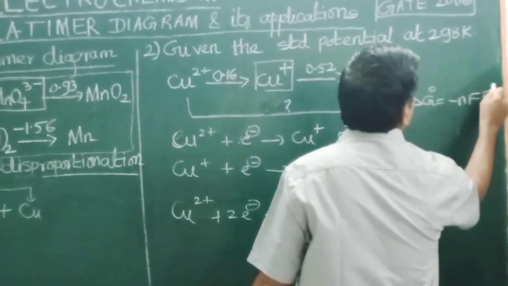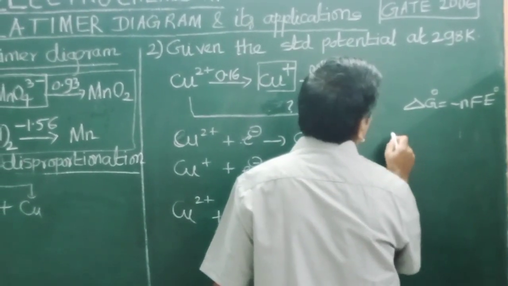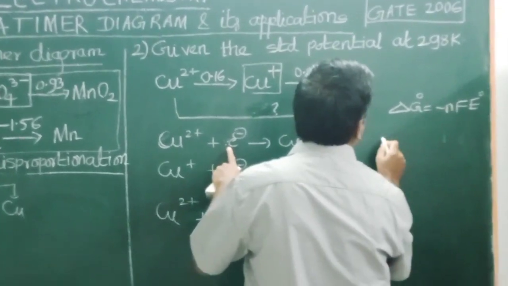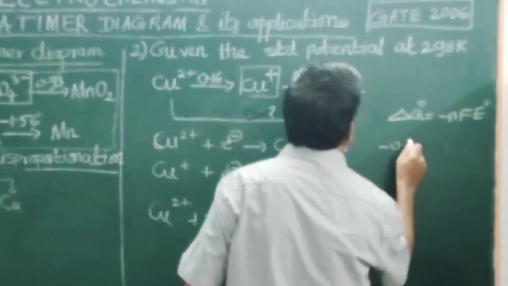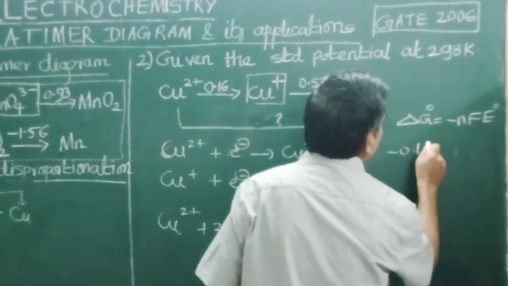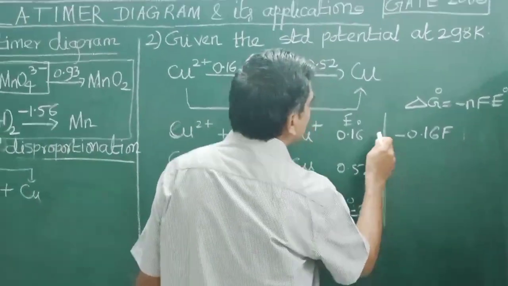Therefore, we can calculate the delta G. For example, delta G for this, the number of electrons involved is 1, therefore 1 E is 0.16.